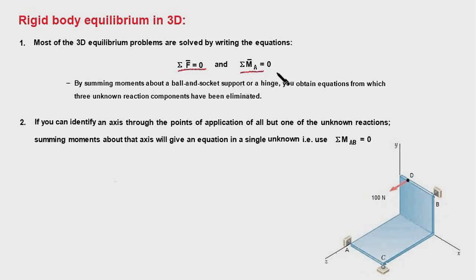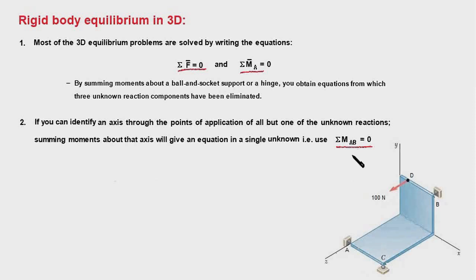Now, most of the equilibrium problems are solved by implementing these two equilibrium conditions, but there is another category of problems which can be quickly solved by using this equation sigma M_AB equal to 0, where AB is an axis, and this methodology is effective when only one unknown is to be calculated.